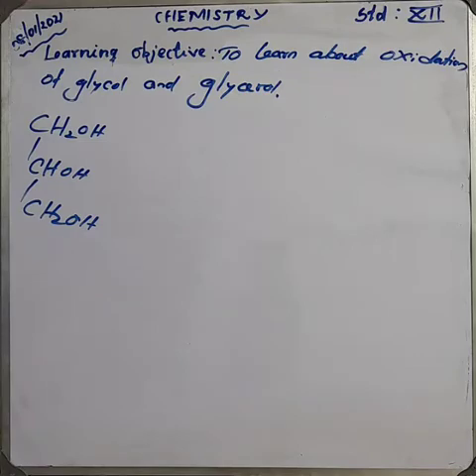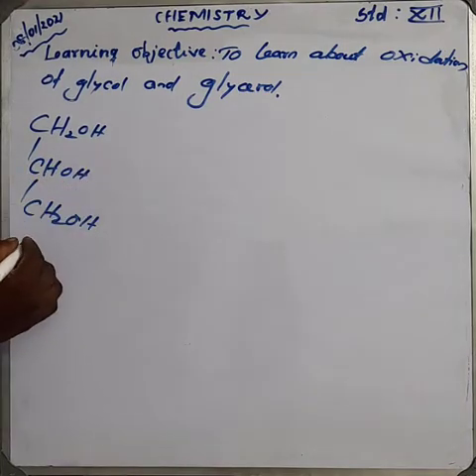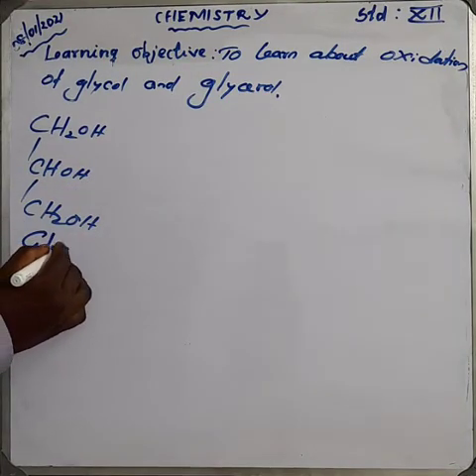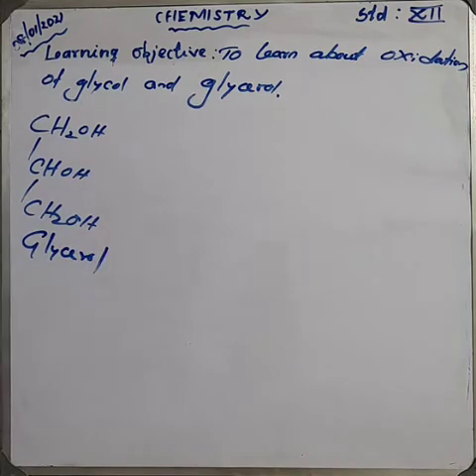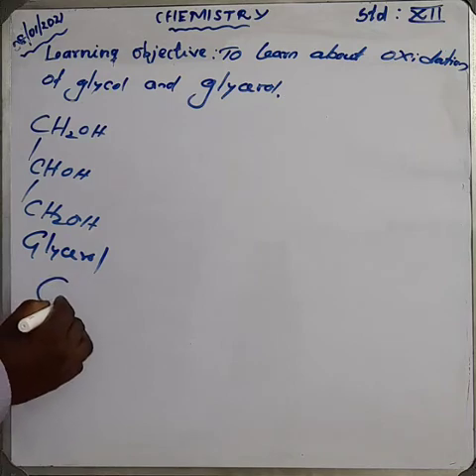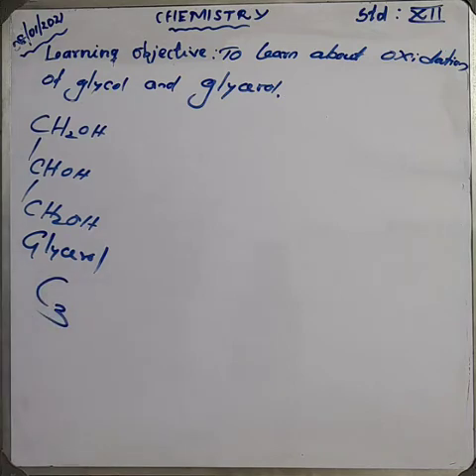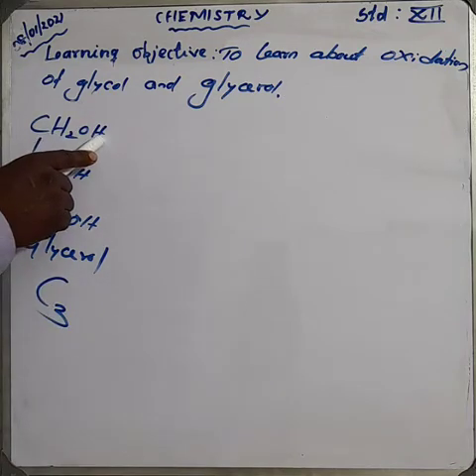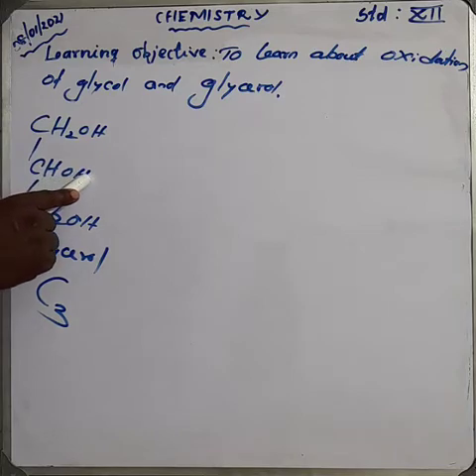This undergoes oxidation. The name of the compound is glycerol. What is the molecular formula of glycerol? How much carbon is there? 3 carbon, so C3. How much hydrogen is there? 2 plus 1, 3, 4, 5, 5 plus 2, 7 and 8.